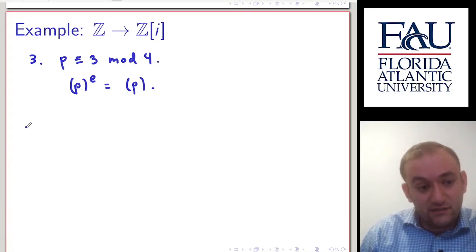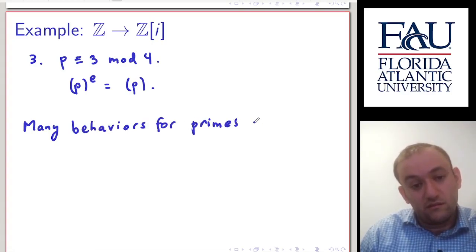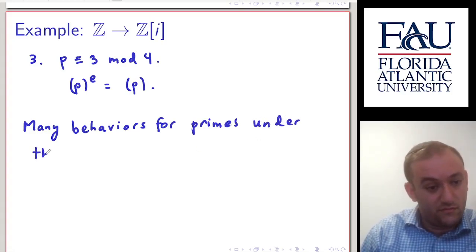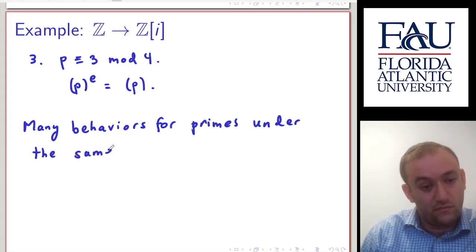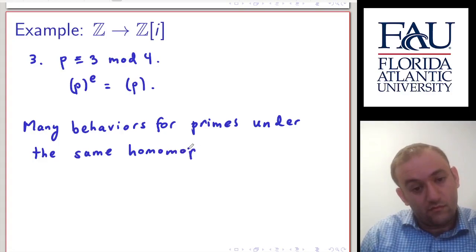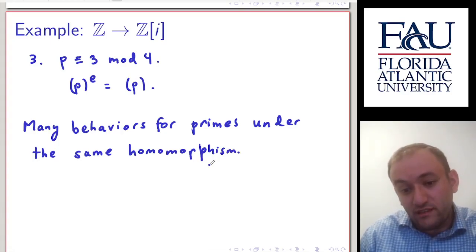So we see that there are many different behaviors for primes even under the same homomorphism. And with that, we've gone through our list of ideal operations, and I thank you for your attention.